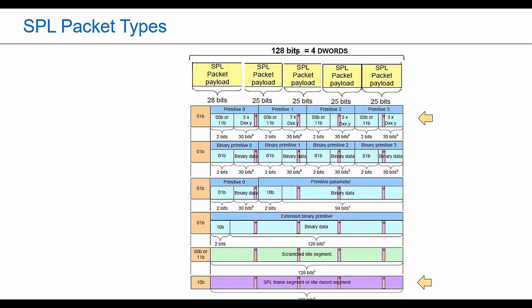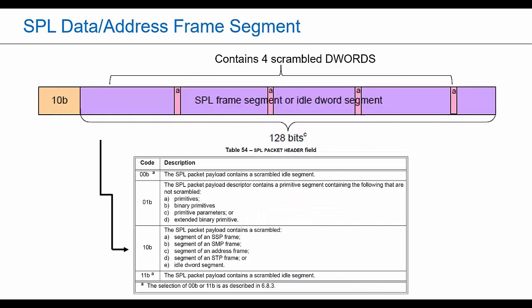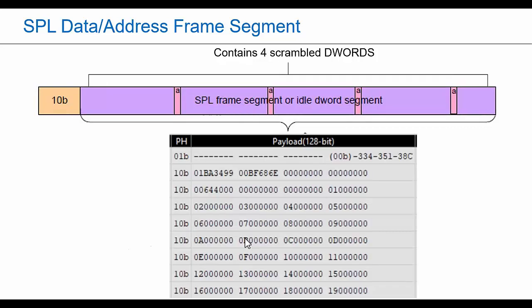I'll start with the easiest to understand, the SPL data frame and primitive segments. Again, your logical SSP frame segment is going to have 10 as the header. And then after stripping out the FEC, you're left with 4 scrambled DWORDs that will be part of a SSP or SMP frame, right? Data frames are always scrambled for EMI.